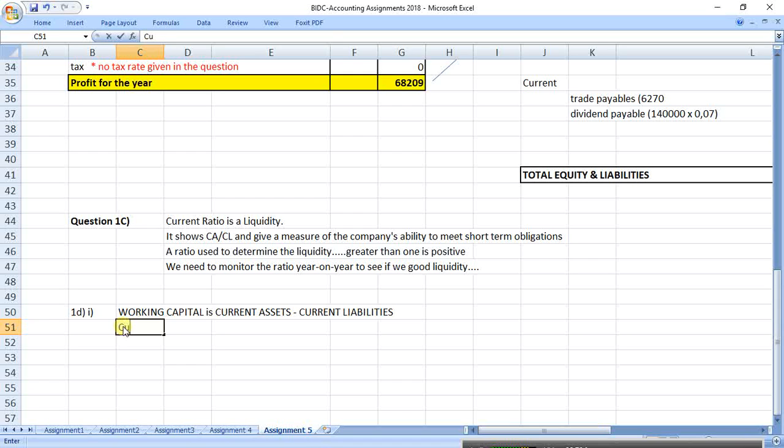So we can say current ratio is 8.87 to 1. Okay, this indicates 8.87 current assets to every current liability.